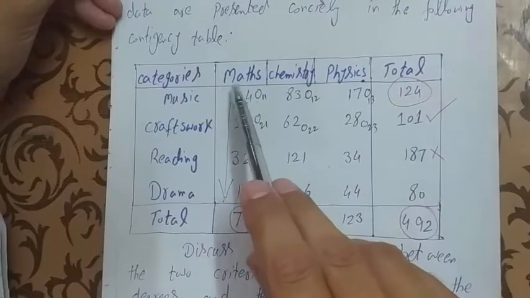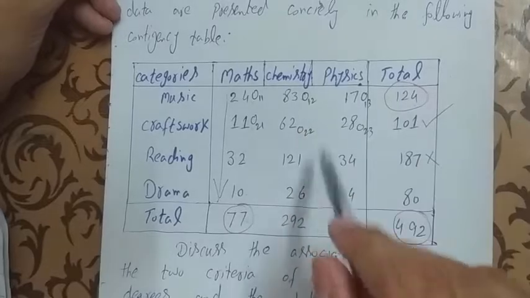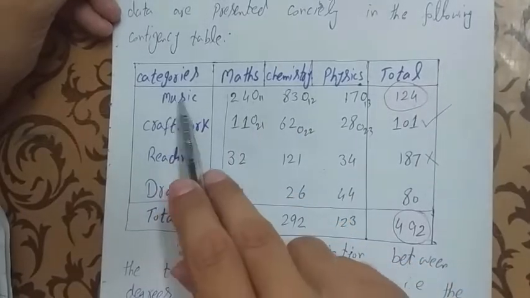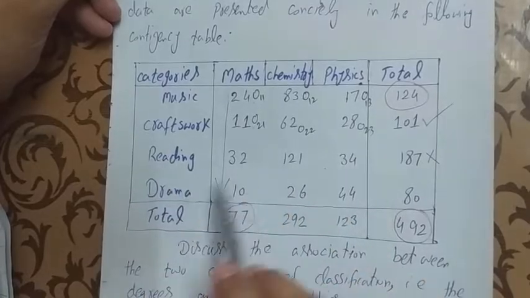The categories in the column format are maths, chemistry and physics, and music, craftswork, reading and drama are in the horizontal format.